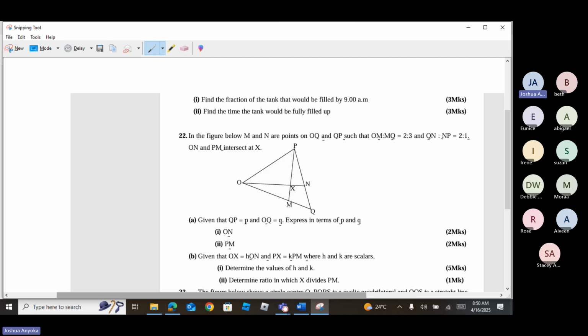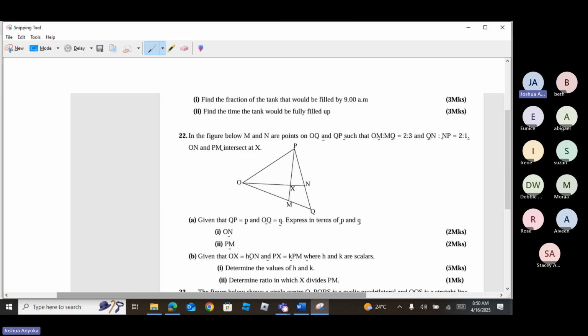Good. This is a typical question that we normally encounter. The best way to answer the question is to bring the information you have into the diagram. For example, we are told that M and N are points on OQ and QP, such that OM to MQ is 2:3.